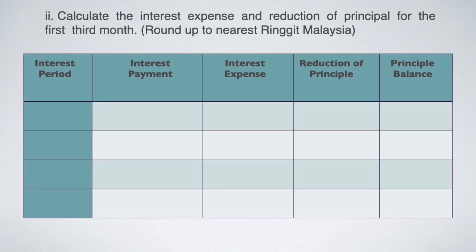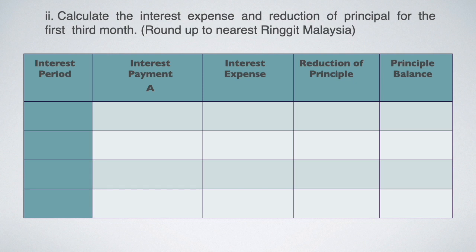So the question asks you to calculate the interest expense and reduction of principal of the first statement. Soalan minta you calculate interest yang terlibat dan pengurangan hutang pada 3 bulan yang pertama saja. Soalan memang minta 3 bulan je biasanya, dia tak akan minta lebih kerana bulannya banyak. Okay, you tak akan diminta kira sampai habis. Okay.